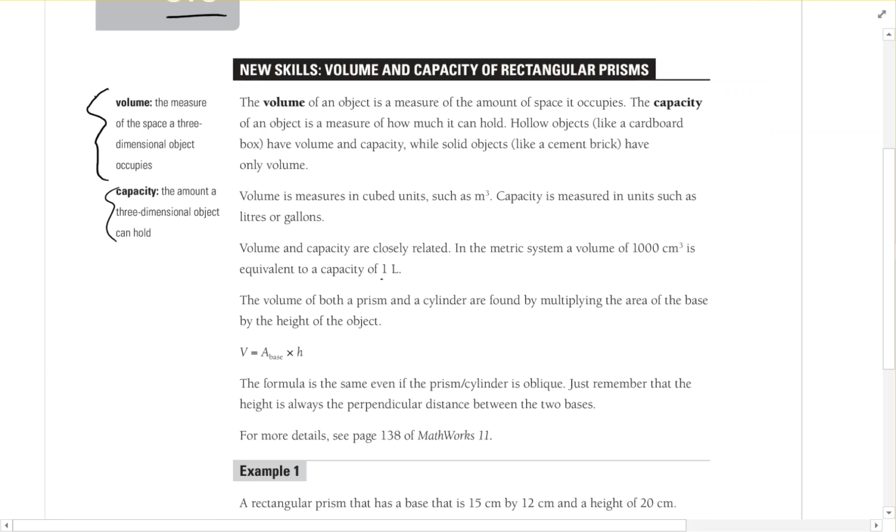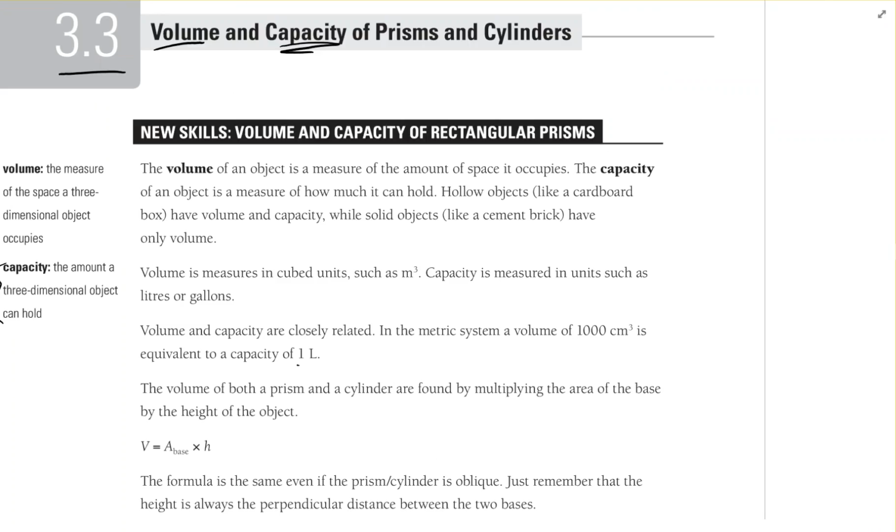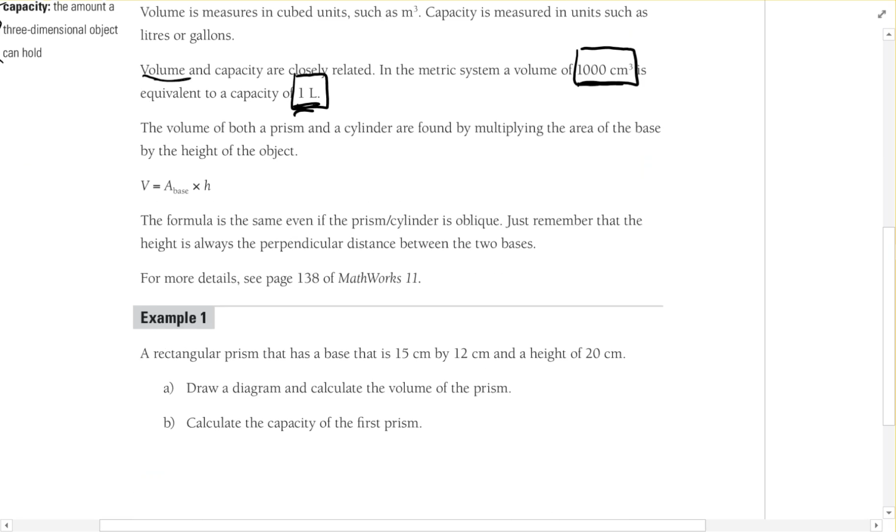So once we find the volume of some kind of shape, we're going to be able to figure out how much water you could put in, because I know that 1 liter of water is equal to 1,000 centimeters cubed. So this one is volume, this one is capacity. We just have to switch from one to the other. All we're really going to do is divide our answer by 1,000 when we get there. But anyway, I'll give you an example to show you.